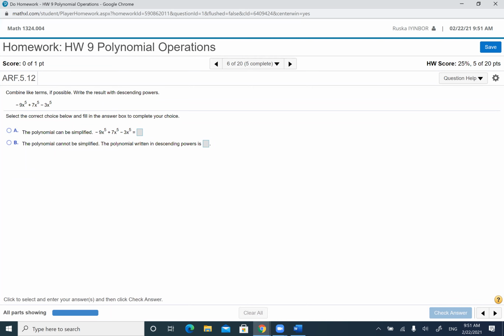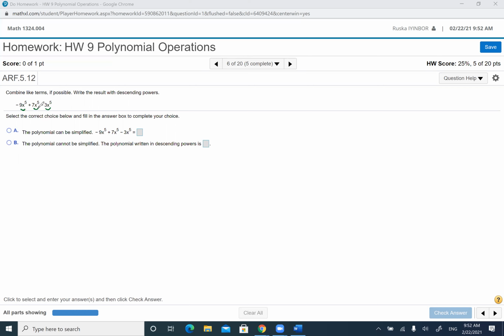Combine like terms again. Can you simplify something here? You have x to the 5, x to the 5, x to the 5. All of these are like terms because they have x to the 5. When you combine x to the 5s, what is -9 plus 7 minus 3? -5.